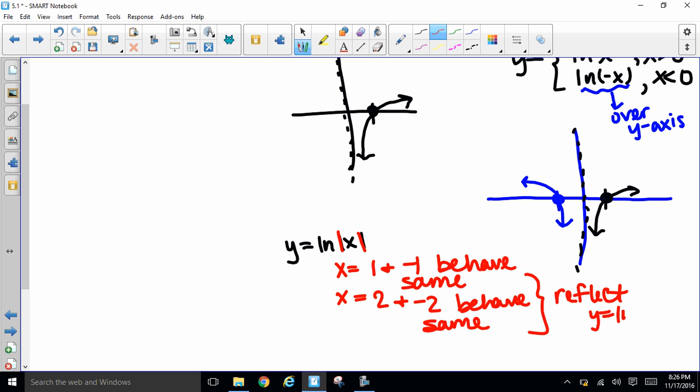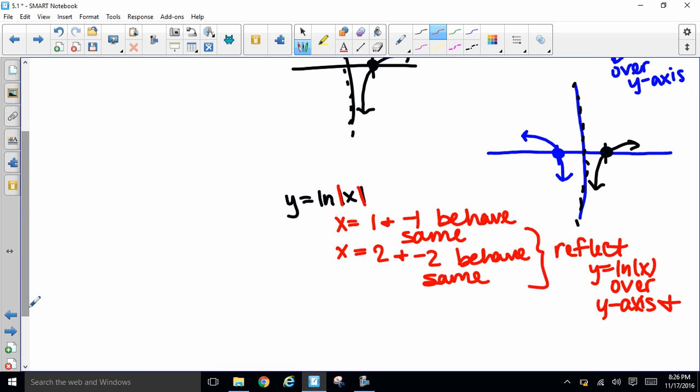Reflect y equals natural log of x over the y-axis and keep both parts. So that's another way of thinking through why you would get this image. You would get the same image regardless, but it's another way to think about it.